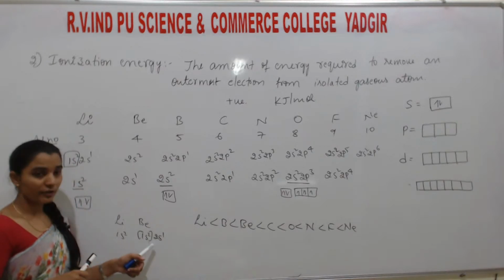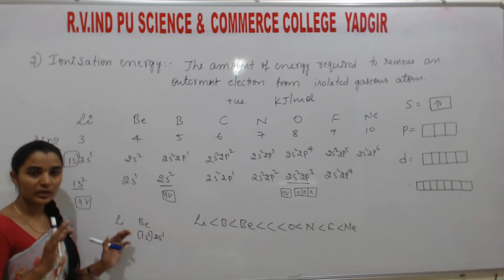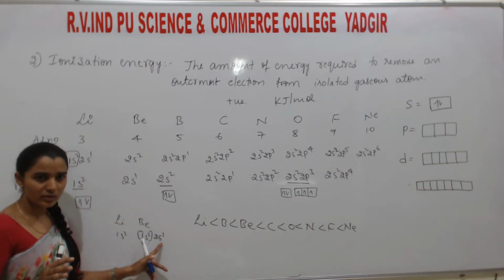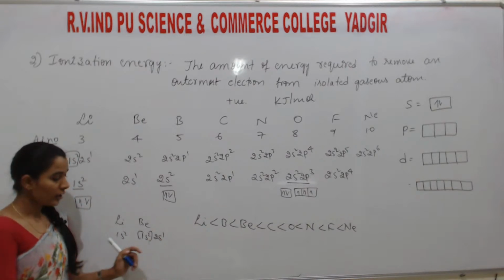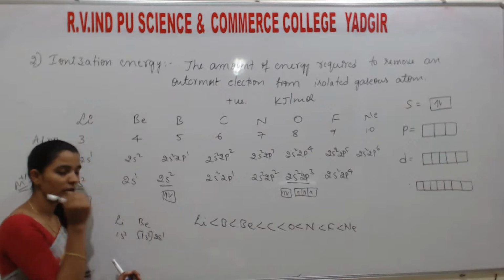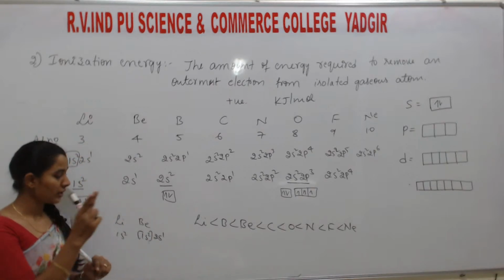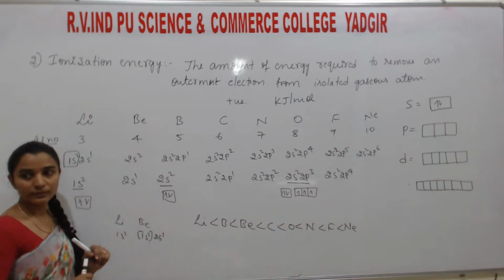Which configuration is stable here? 1s2 is stable because it is a completely filled configuration. 2s1 is comparatively unstable. If it easily loses an electron, then it attains noble gas configuration. Then for the second ionization energy, beryllium is less, lithium is more.